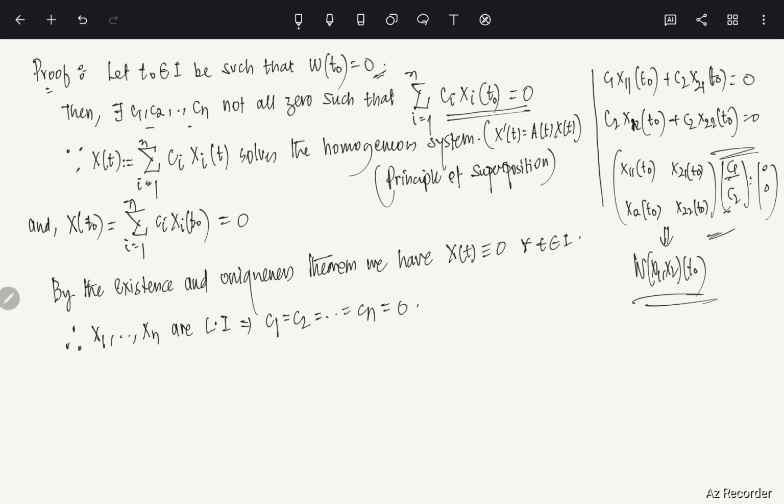So this actually is a contradiction, because we assumed that at least one of the Ci's is non-zero, but we are showing that all have to be 0. So what happens is, if you have linearly independent solutions, then the Wronskian is non-zero, and if the Wronskian is non-zero, it means they are linearly independent.